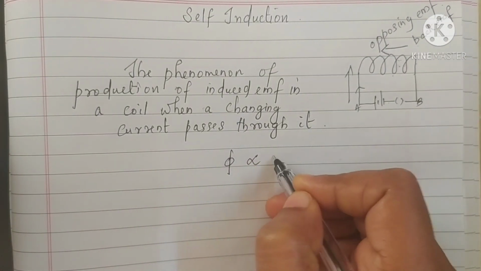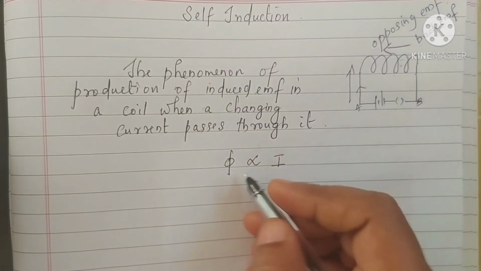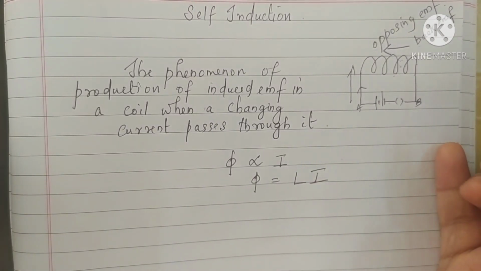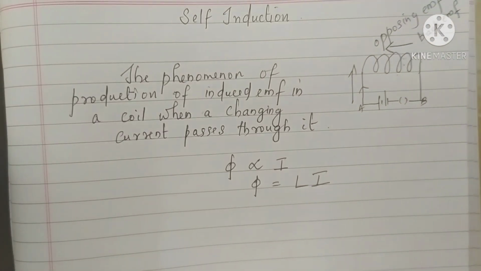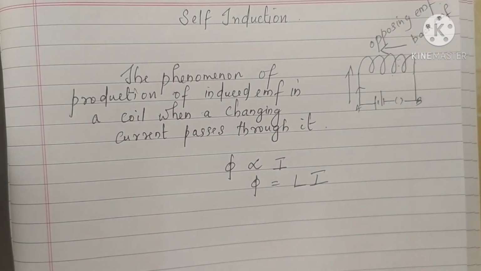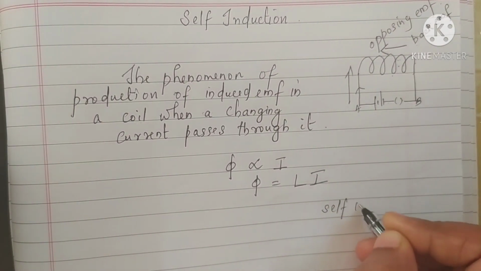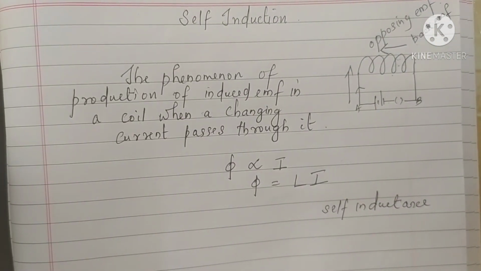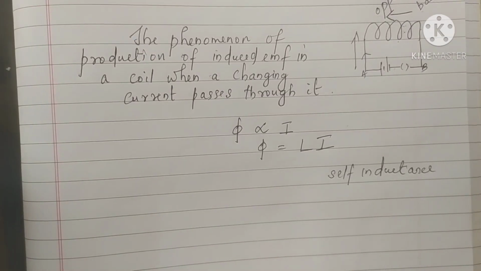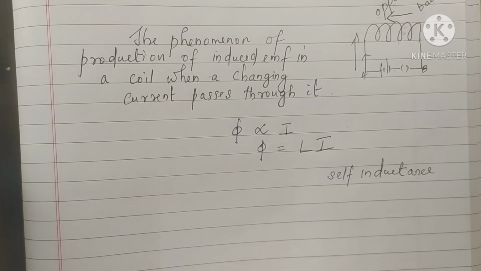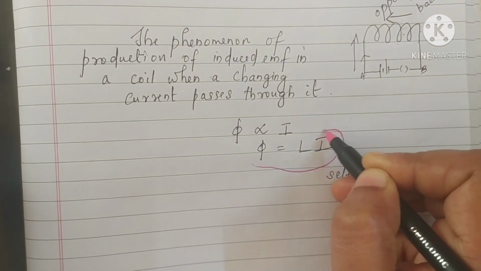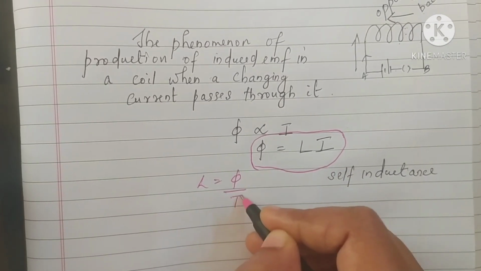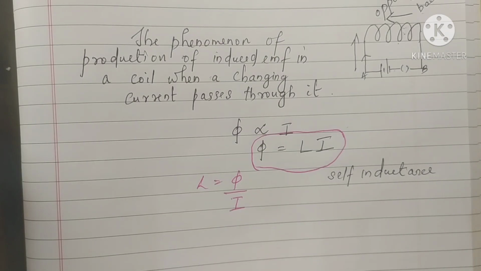So magnetic flux is directly proportional to the current, or you can write phi equals L into I. This L is a constant in a given coil and is called self-inductance, or simply inductance. So phi equals L into I, or you can write L equals phi by I.